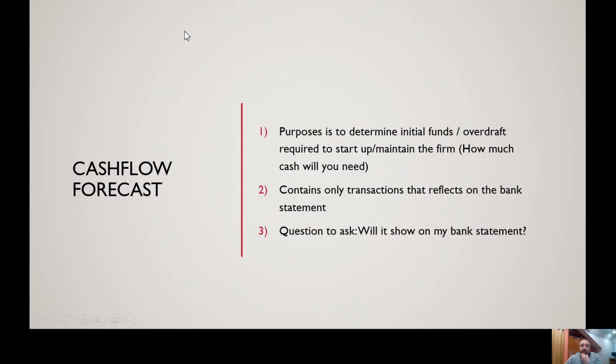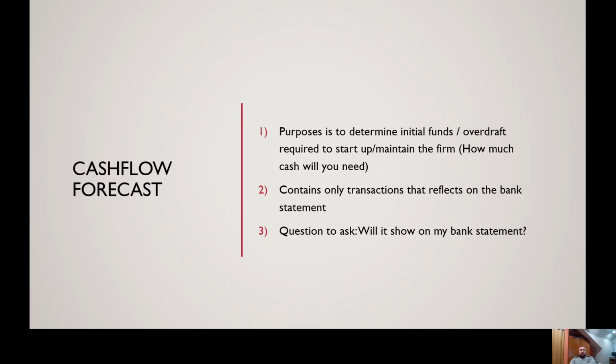So the question that we ask, if I can skip to 3, well, at 2 it says, all that is included in my cash flow forecast are transactions that reflect on the bank statement. If you remember, when we did ledgers, we asked ourselves, firstly, is it trust or business? Now we don't have a trust budget.